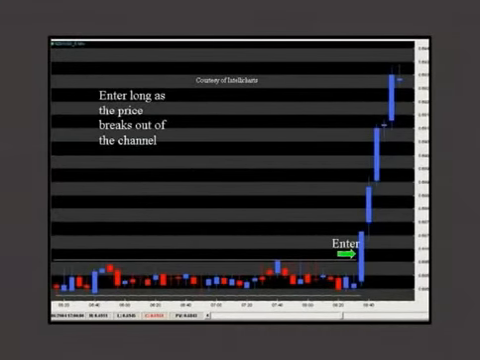We're going to place our stop back inside the channel and maybe even underneath the lower channel line if it doesn't entail too much risk. And you can see, of course, if the trade is going in your favor, you're going to want to trail that stop. You can get some pretty powerful moves off of economic indicators, which is why they can be very tempting to trade. It can also be very dangerous to trade if you're not experienced.